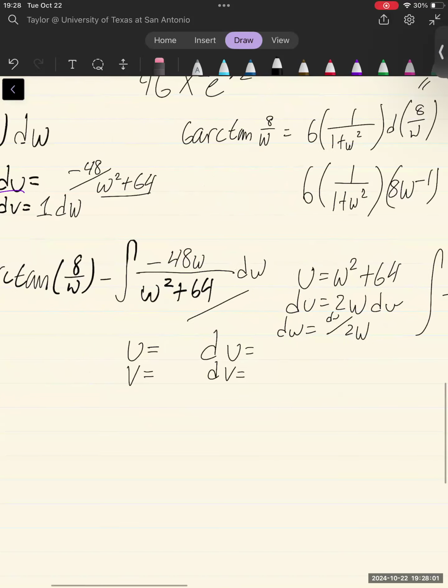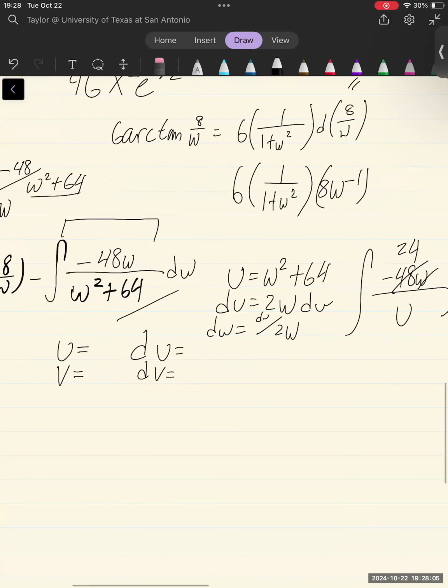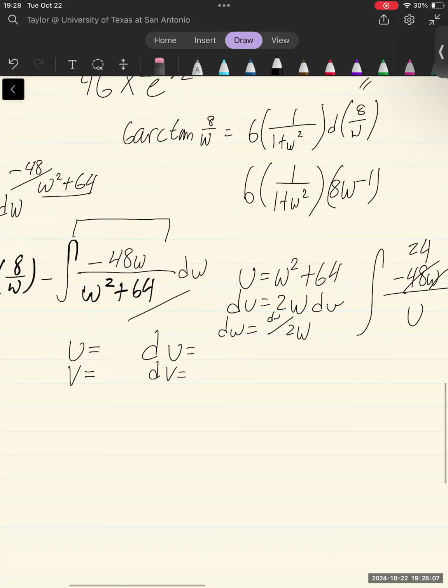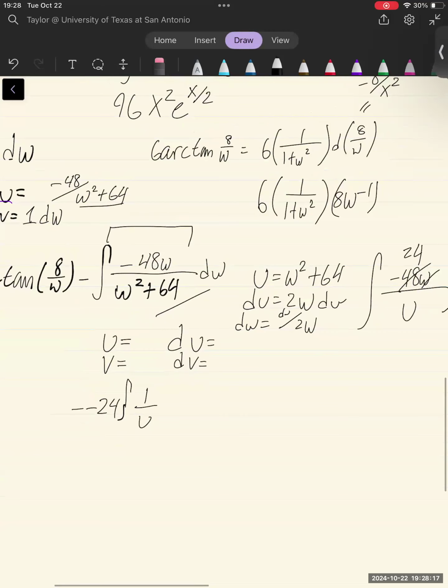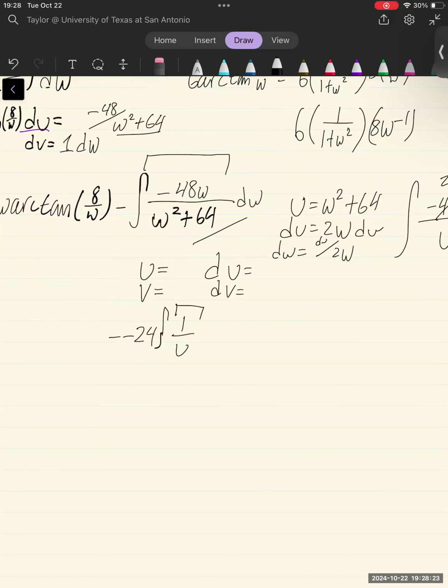So then this expression, like we just found, becomes minus 24 times the integral of 1 over u. And then from here, we know what this expression is.